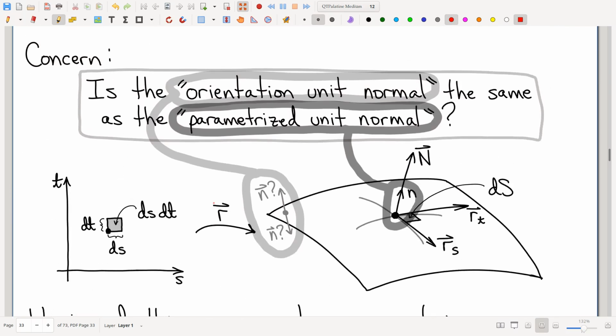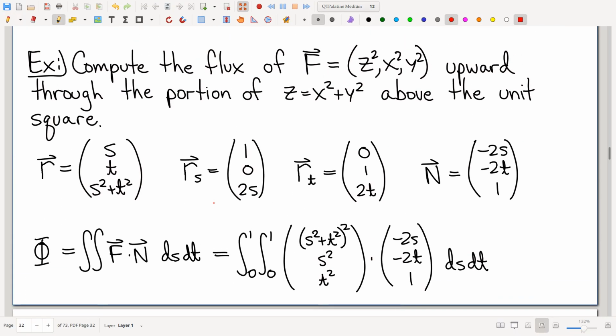By the way, let's look back at this example that we did here. I don't know if anybody noticed. I was trying to be dramatic about it, but you notice how I didn't make any mention of this word upward as we discussed this example? I just kind of glossed right over that, didn't I? You're not allowed to just gloss right over things. So I should have addressed in this work the fact that this question says we want upward flux.